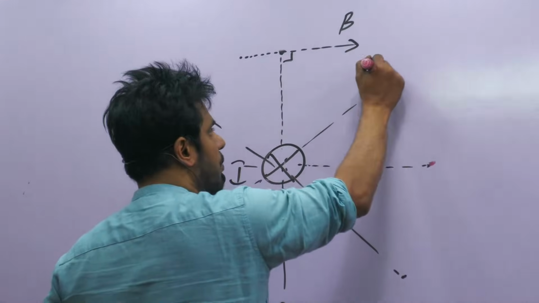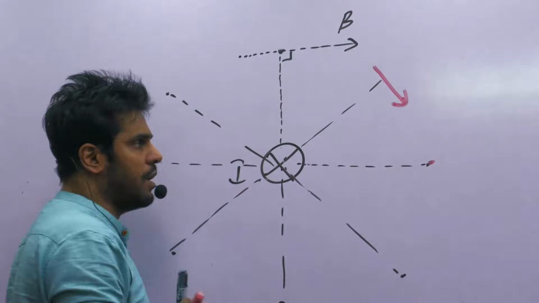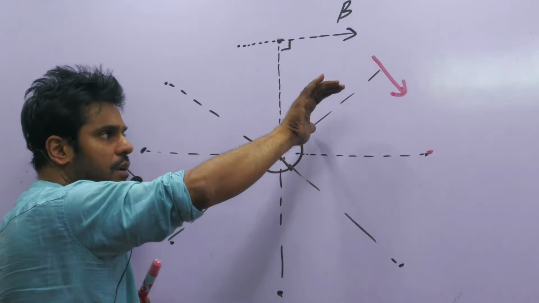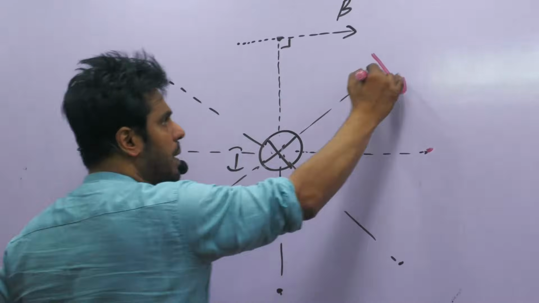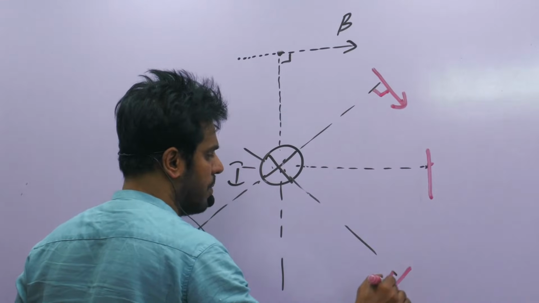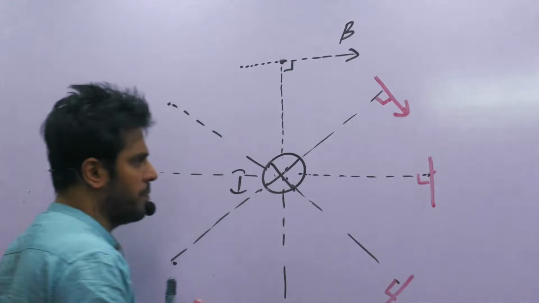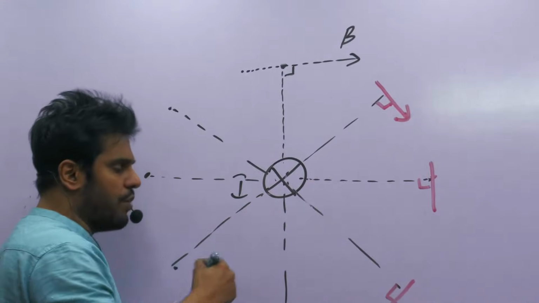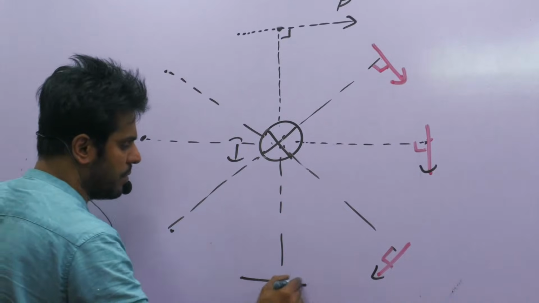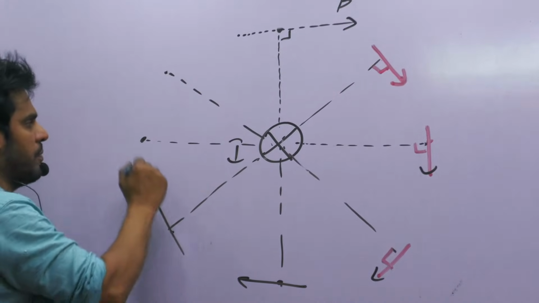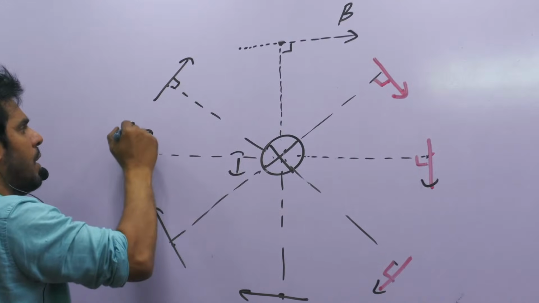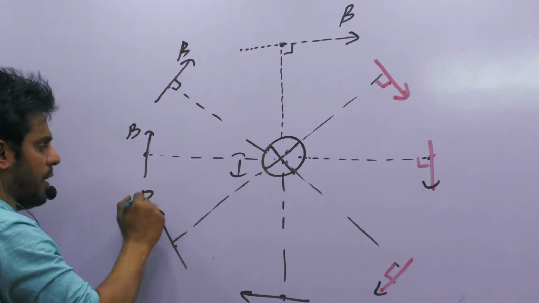Now this is the direction of the magnetic field. Now keep your thumb in the direction of current. So it gives here perpendicular to the dotted line, like this. Now this is the direction of current, direction of magnetic field. Now you can see, these are the directions of the magnetic fields.